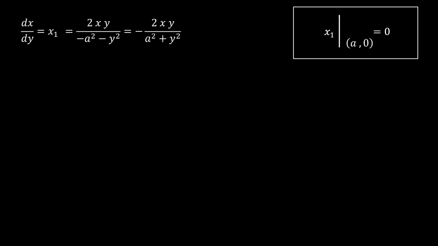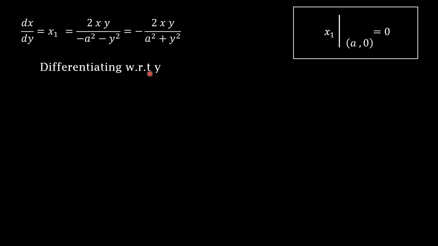From the previous slide, we have dx by dy is equal to minus of 2xy divided by a square plus y square. At the same time, the value of dx by dy, which is nothing but x1, at the point (a, 0) is 0. So let me differentiate the above expression with respect to y.